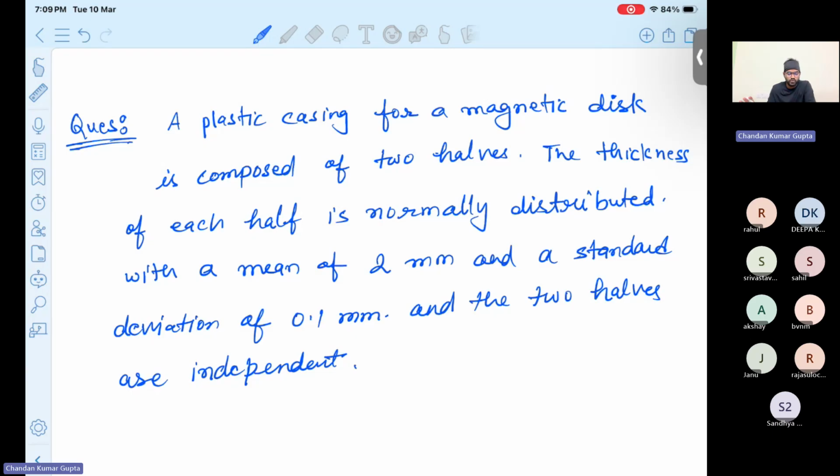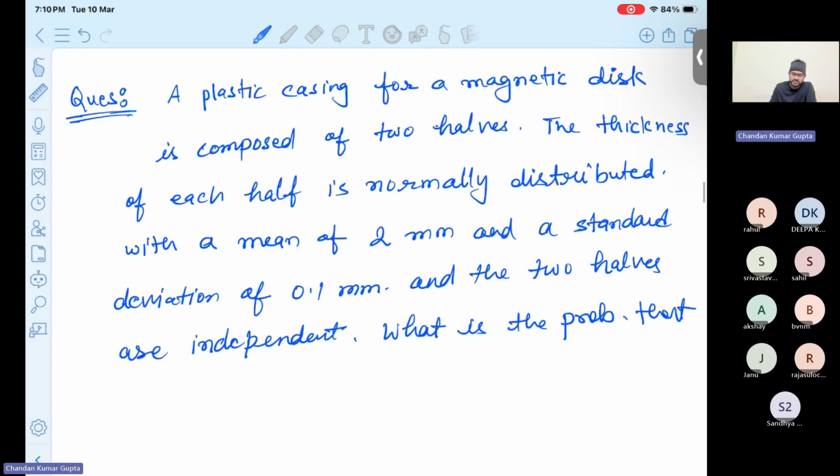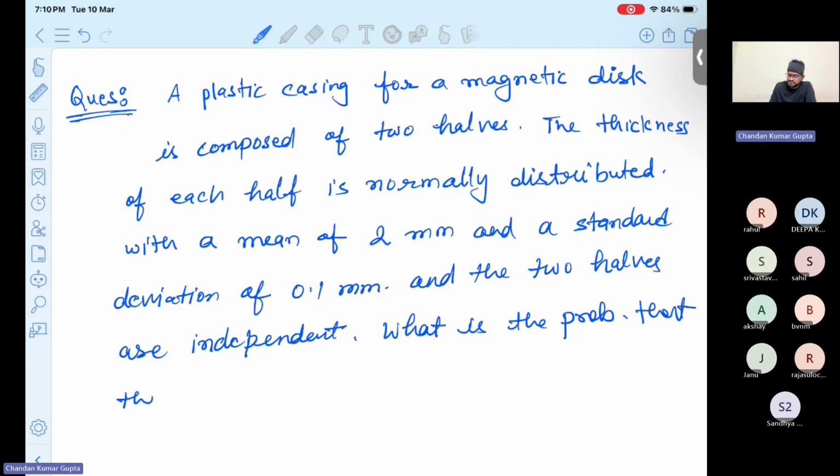Now the question is, what is the probability that the total thickness exceeds 4.3 millimeter?